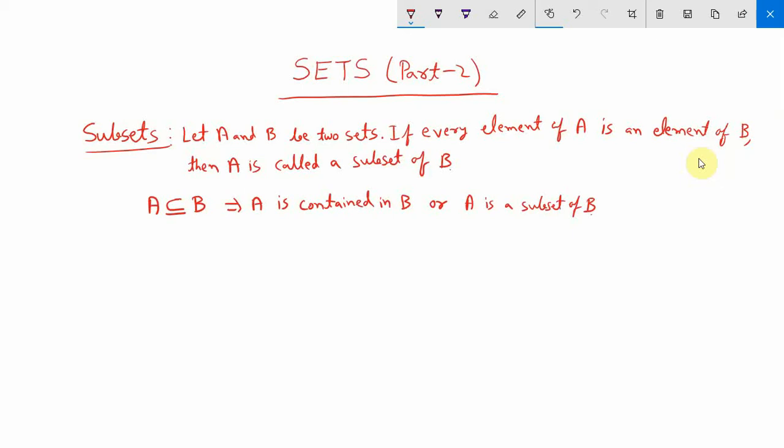So if A and B are two sets and it is given A is a subset of B, and a is an element of A, then it will imply that a will also be in B. So a is an element of B also.